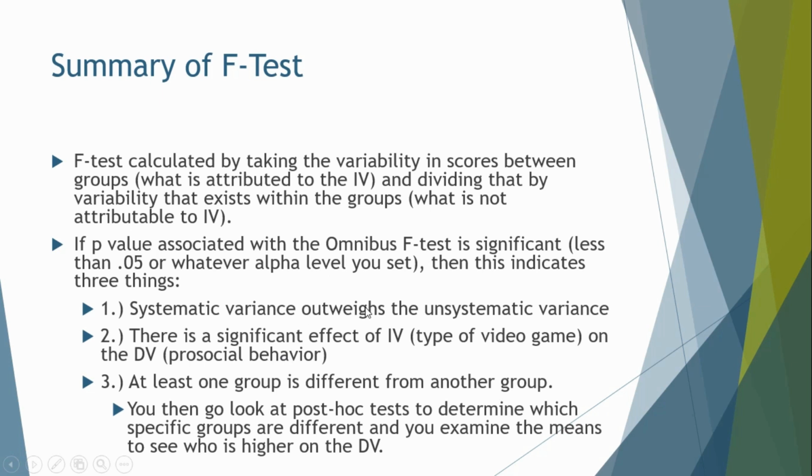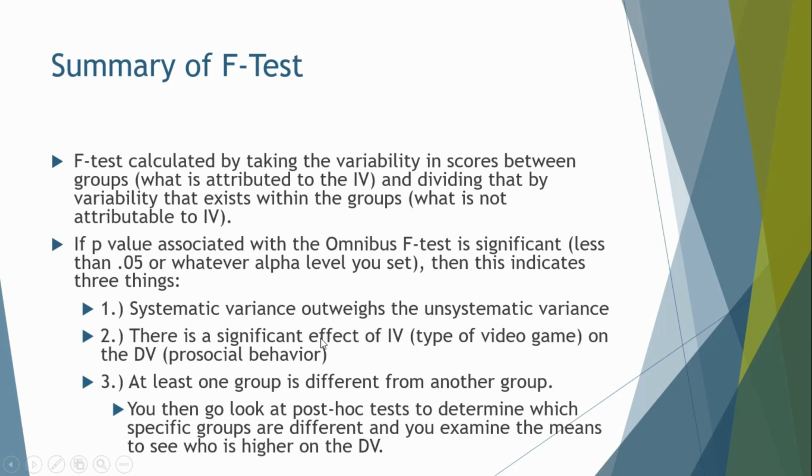It's also telling you what we were just talking about, that systematic variance, that variance in our dependent variable, prosocial behavior, is attributable to the IV, the type of video game, and that outweighs what we can expect by chance. All the variability in the prosocial behavior DV that's due to chance factors that we don't know. So the systematic variance outweighs the unsystematic variance.